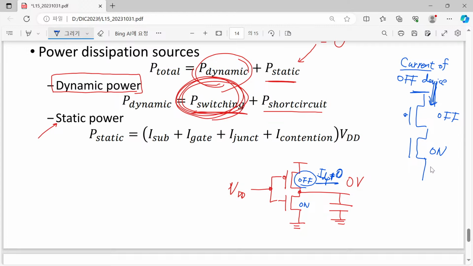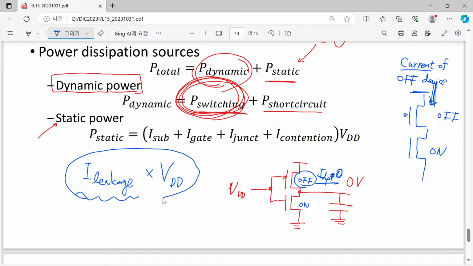And if the NMOSFET is turned off, then the leakage current of the NMOSFET will determine this path current. So anyhow we have that current, and that leakage current, due to either the NMOSFET or the PMOSFET, multiplied by VDD will determine our static power consumption.